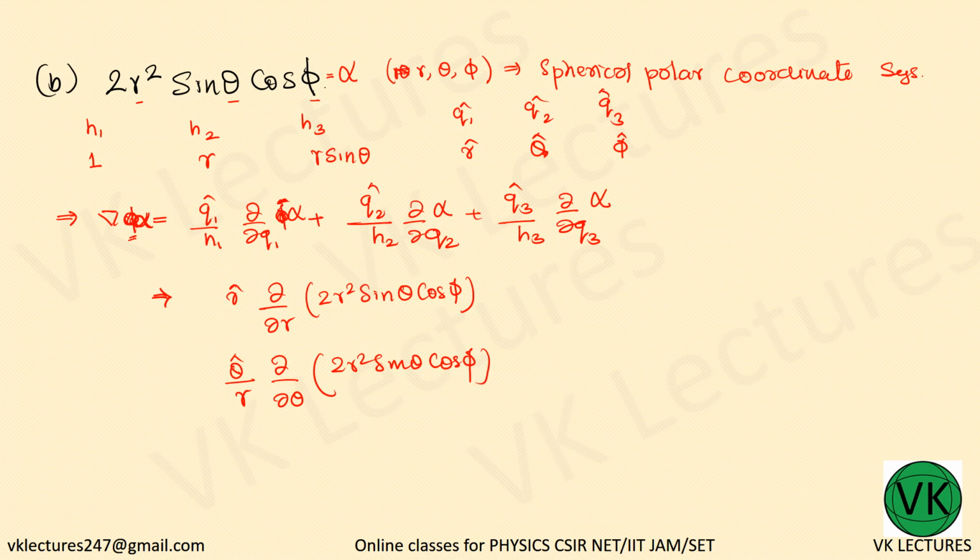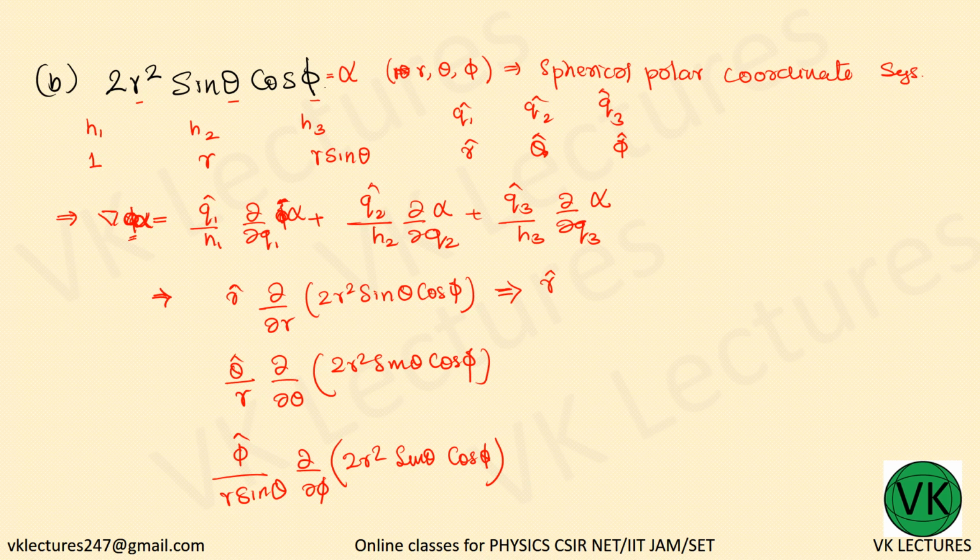Then h3 q3, that is phi cap by r sin theta dou by dou phi, 2r square sin theta cos phi.